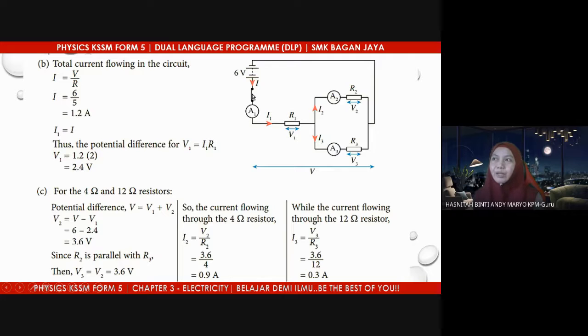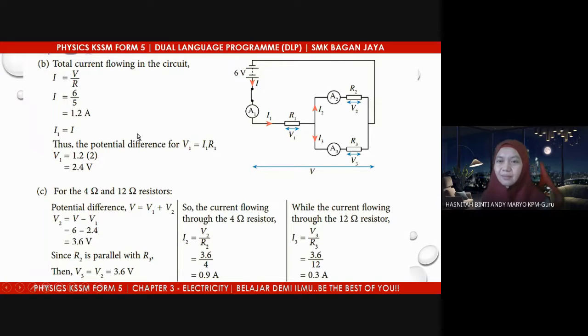So here 1.2 ampere enters this junction, 0.9 ampere flows to R2, 0.3 ampere flows to R3, and when they join back here, we get back 1.2 ampere flowing to the main circuit. Okay, 1.2 ampere flows to R1, and here it divides into two branches. 0.9 enters here, 0.3 enters R3, combining back here to become 1.2 ampere again.